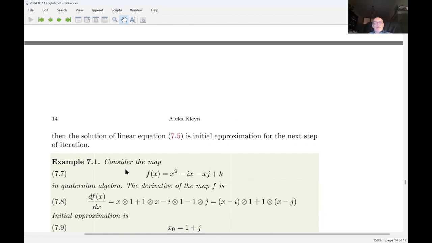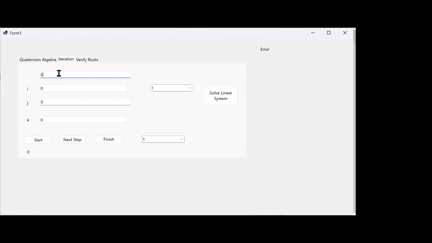Now we consider the map 7.7 in quaternion algebra. The derivative of map f is defined by equality 7.8. To solve this equation, I use an application which I wrote in C#. The first initial value will be 1 plus i.